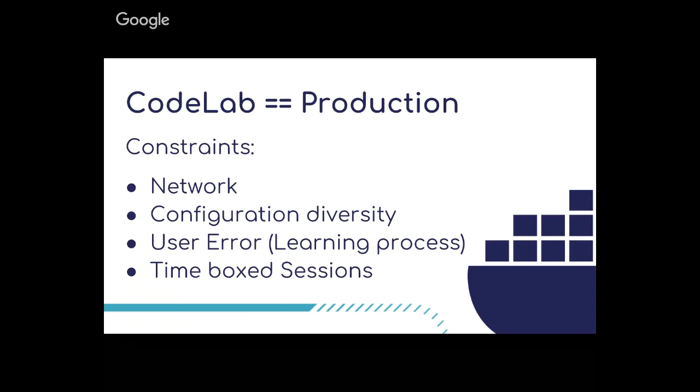Exactly. But I put that assumption in the user error category, because when you run a practical session, it's more difficult to be empathetic toward the trainer or the presenter than in normal life, because you are in a learning process. Mainly, the effort required by your brain to learn is simply disabling other cognitive functions. So you are in user error mode.